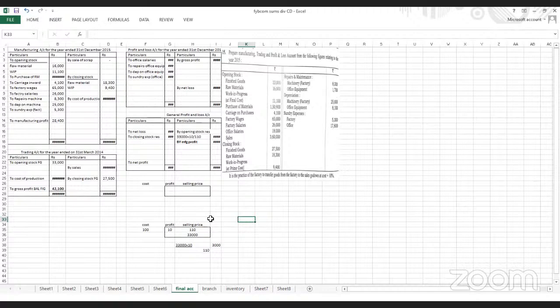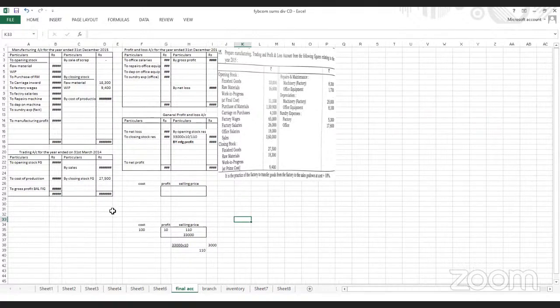So you'll be solving one sum of final accounts wherein the owner is a manufacturer. Okay, so what is the difference between sole trader and manufacturer?